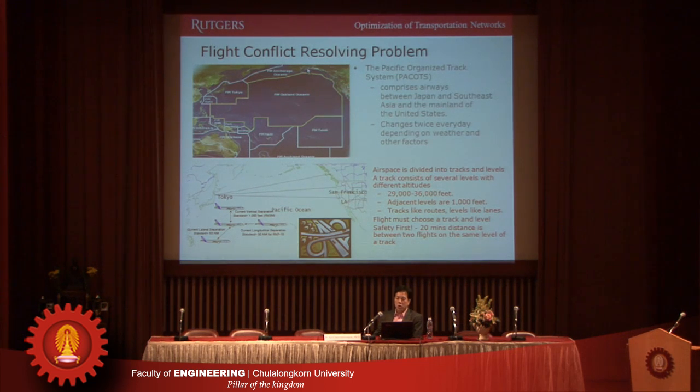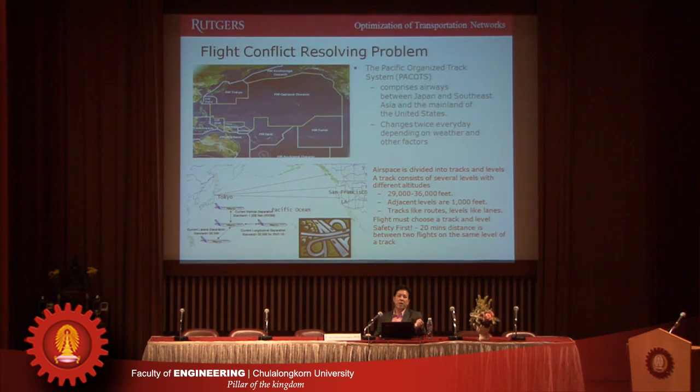So what it does is, airlines would request the track, level, and the entry time that they're going to get into the system. But of course, there's congestion, just like traffic in Bangkok. Once you have congestion, there's a conflict because there's an FAA separation standard. For example, if you fly the same level and the same track, you have to maintain, let's say, 30 minutes separation in terms of flying time.